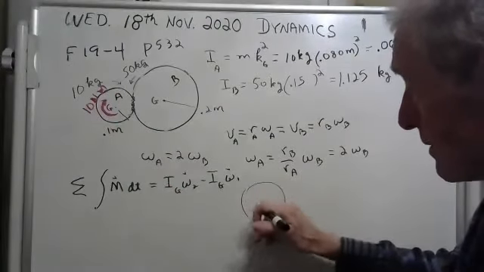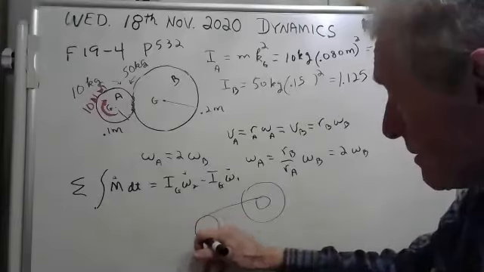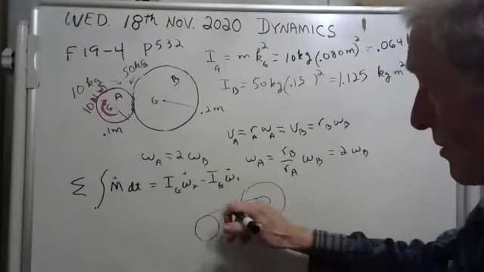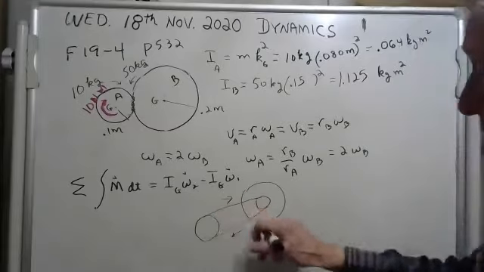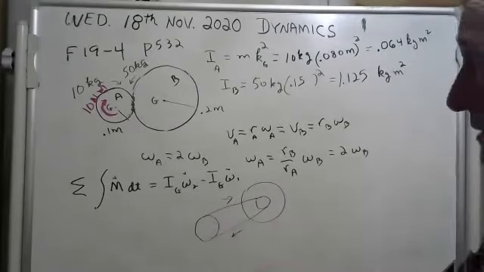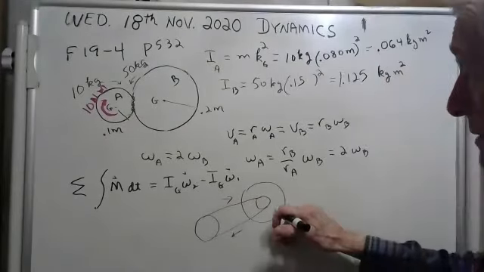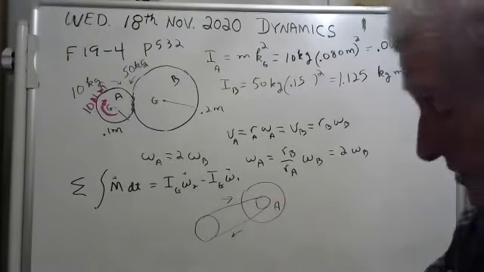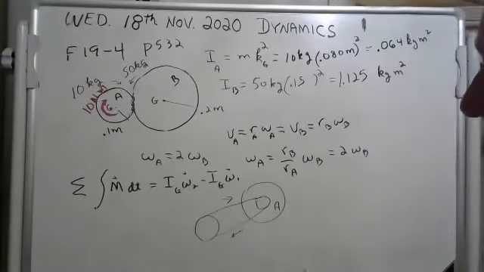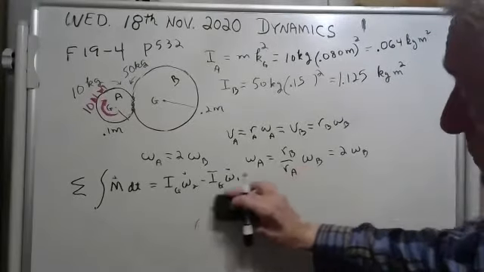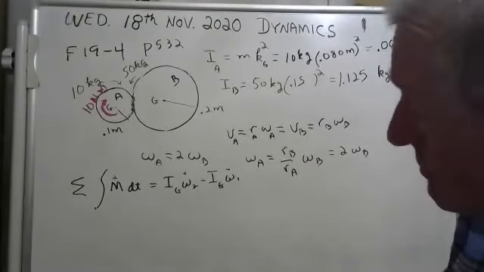You could have a hub here with a pulley connected to a motor, and the belt is trying to drive that body A clockwise. There's all kinds of ways you could get that moment. But anyway, you have that moment trying to twist it to the right.